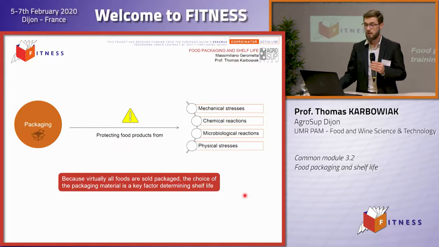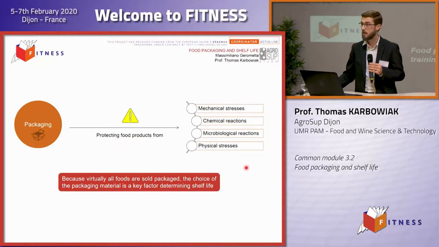So in most cases, you will consider what mechanical stresses the packaging will have to face during the shelf life, the chemical reactions you could have, the microbiological reactions, and the physical stresses. And the choice of the packaging material is also a key issue in determining the shelf life.